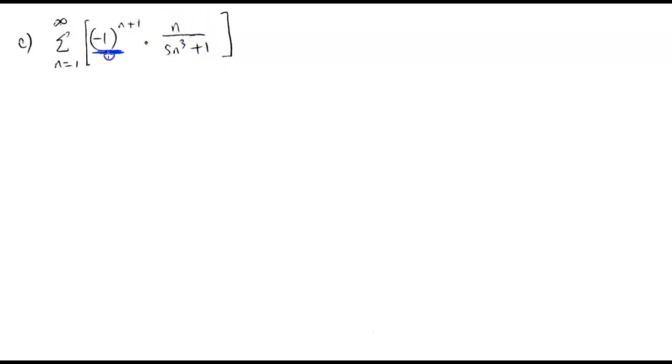Let's start by identifying what a sub n and a sub n plus 1 are. a sub n is just the actual sequence making up the series. For a sub n plus 1, everywhere I see n, I'm going to put n plus 1.